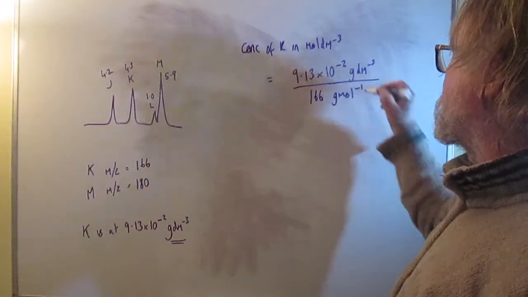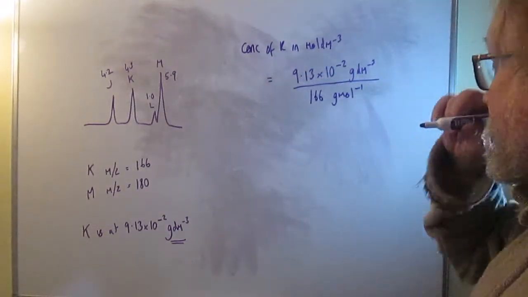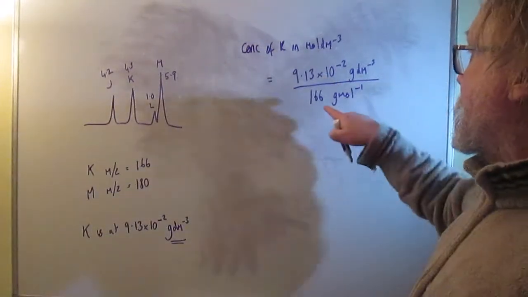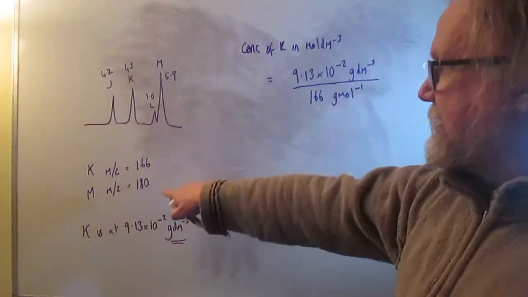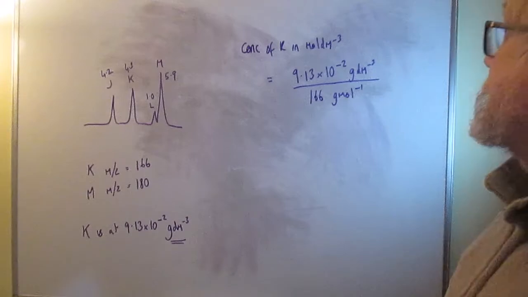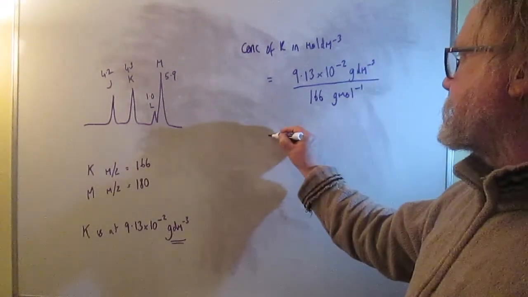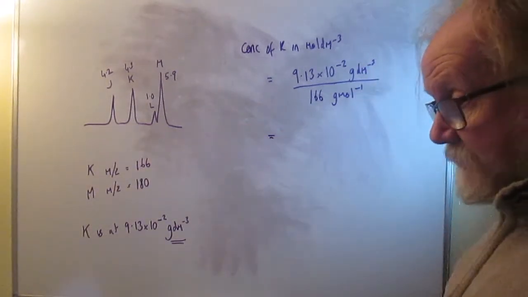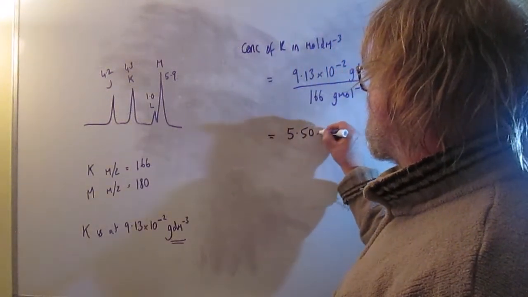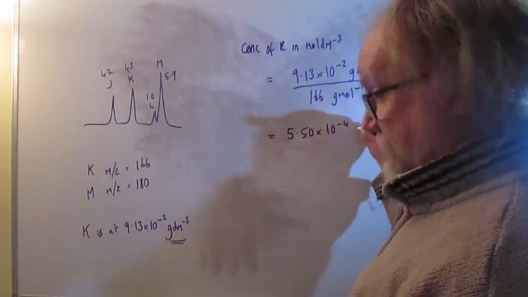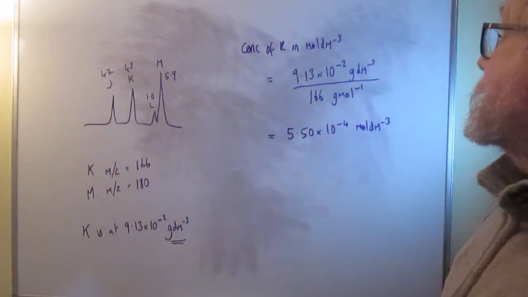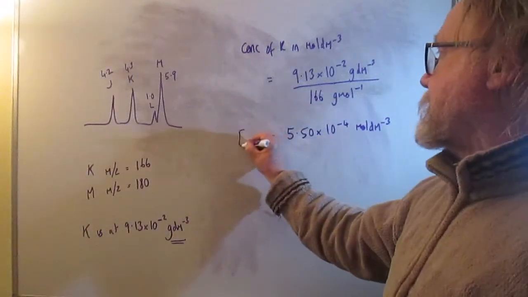You don't really need to put the units in, but it just helps to make sense of why we're doing that division. And make sure you're clear that we know 166 because that's the M over Z for the molecular ion peak, and that equals the MR. So we can plug those numbers in, and that comes to 5.50 times 10 to the minus 4 moles per dm cubed. Okay, and that's the concentration of K.